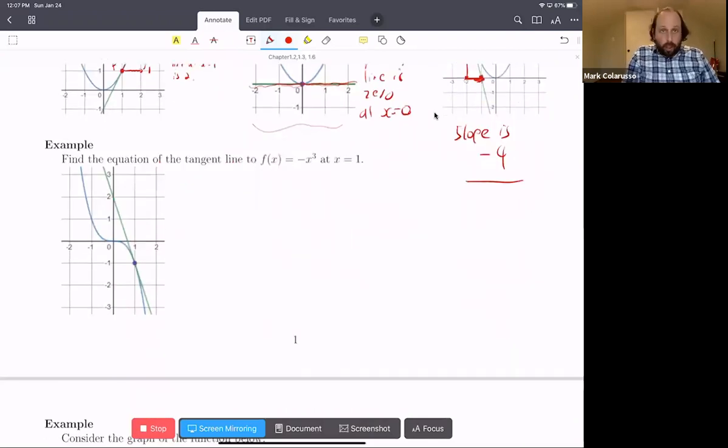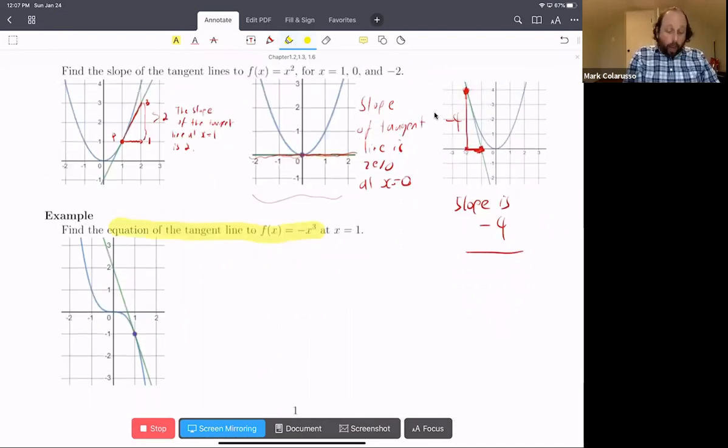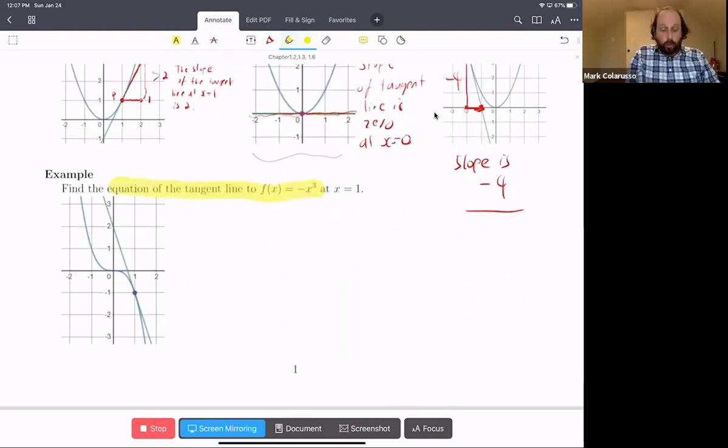This is a bit of a different creature. So this is a function minus x cubed, and it looks like the blue curve on the left here. And now it's asking us to find the equation of the tangent line, not just the slope. So we want to find the equation of the tangent line at x equals 1. And for this, we're going to use our knowledge of lines from the previous video.